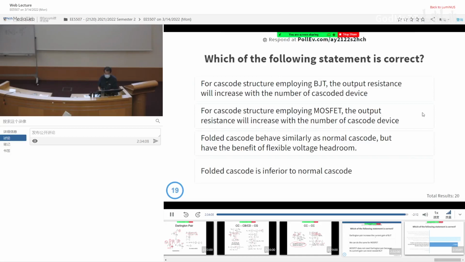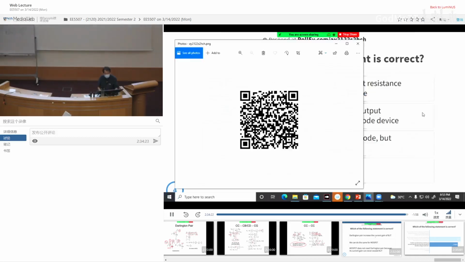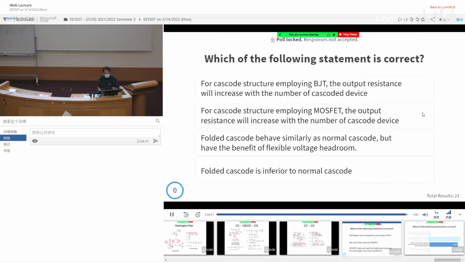This seems to be harder. Fewer students, complete. QR code again. Okay. It's probably too late. Done? Okay, let's review the result.